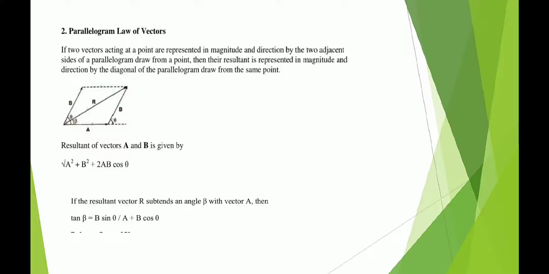Resultant of A and B is given by R equal to root of a square plus b square plus 2ab cos theta. If the resultant vector R is inclined at an angle beta with vector A, then tan beta is equal to b sin theta by a plus b cos theta.